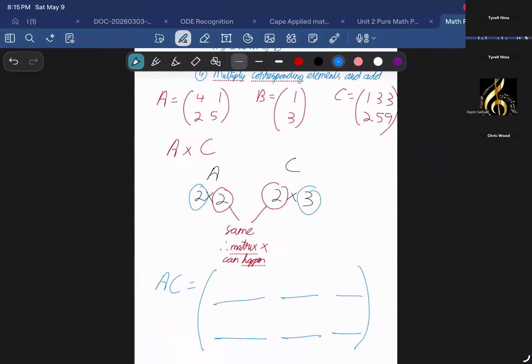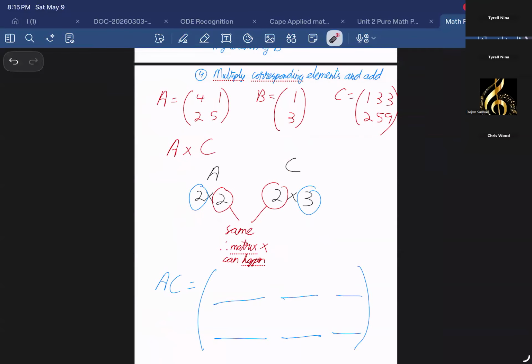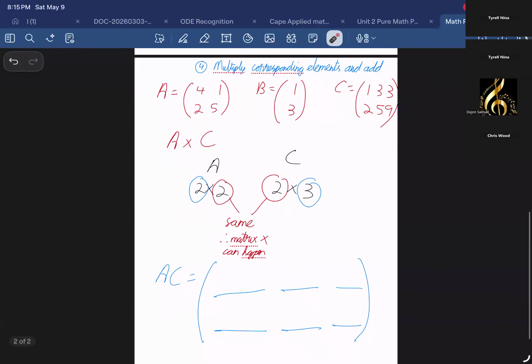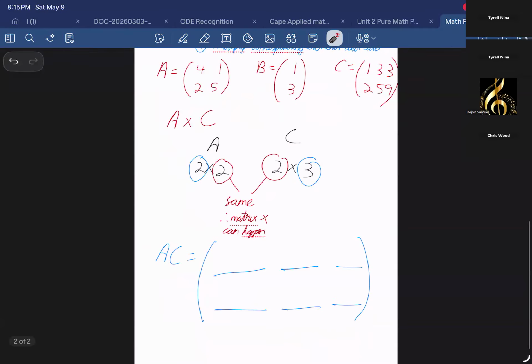So let me just repeat what I did there. I found the order of A, found the order of C. I check these two middle numbers to see if they are the same. They are, so we can go ahead. And my resultant matrix is these two outer numbers here, so I have two rows by three columns.